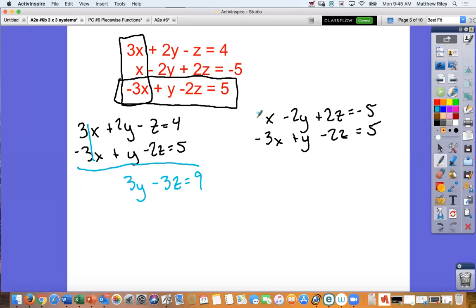So how do I get an opposite coefficient here with the x's? What do I do? How do I make my x's opposites? Multiply the top one by 3. Perfect.